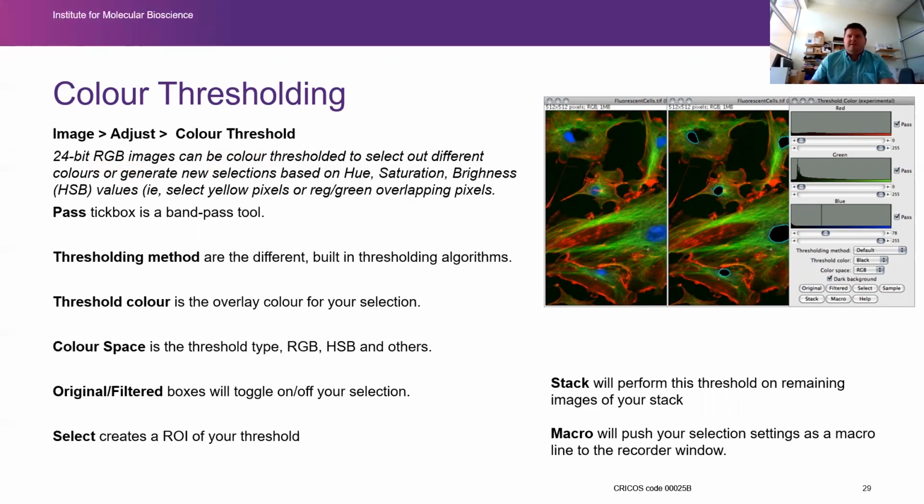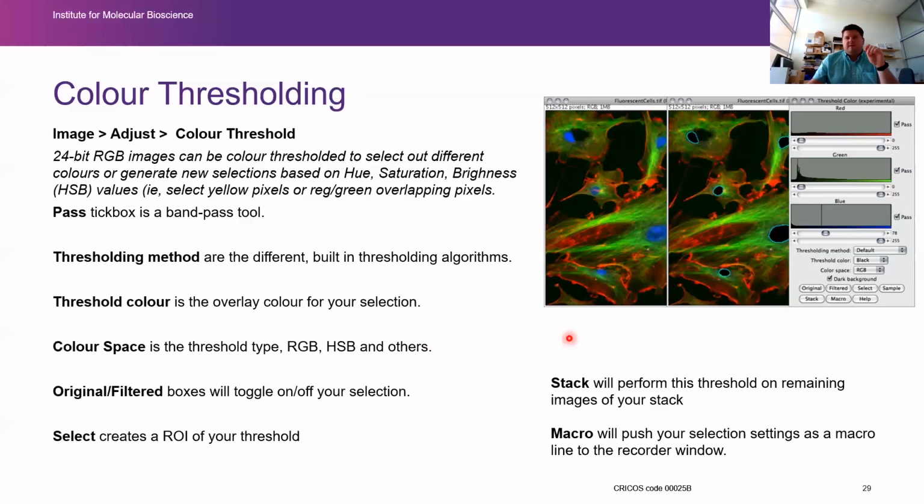You can go Image, Adjust, Color Threshold and open up this box. There are different color spaces that you can deal with. You can deal with the classic RGB, or you can manage the color space in the hue, saturation, and brightness level. And so that's these color spaces.